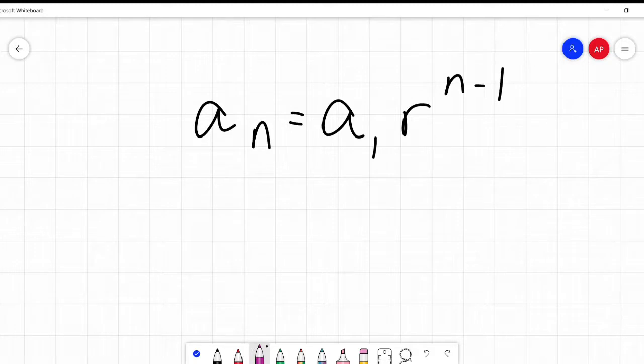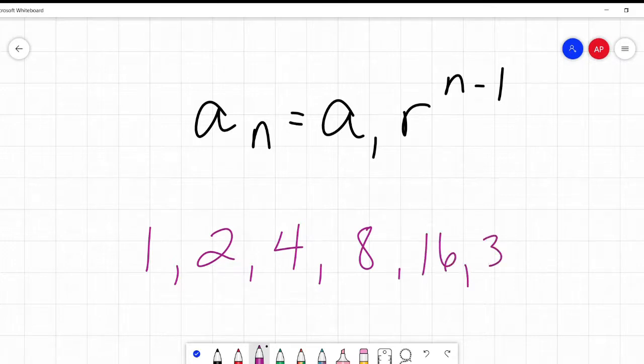For instance, let's say I had a sequence where things are being multiplied by 2. 1 times 2 is 2, times 2 is 4, times 2 is 8, times 2 is 16, times 2 is 32, and so on. This is the first number in the sequence. This is the second number. This is the third.